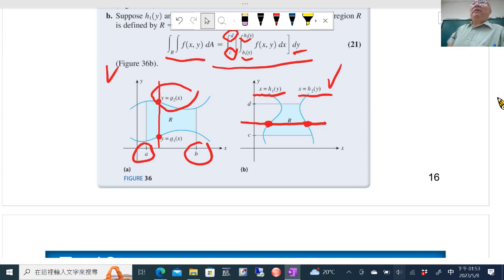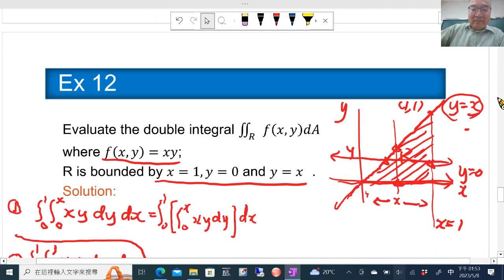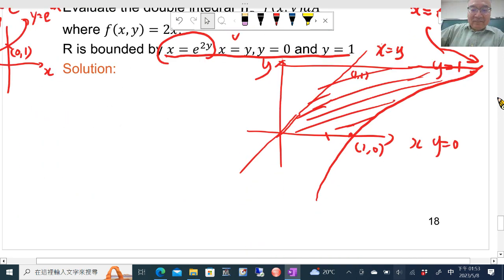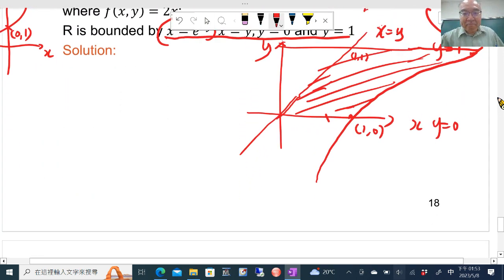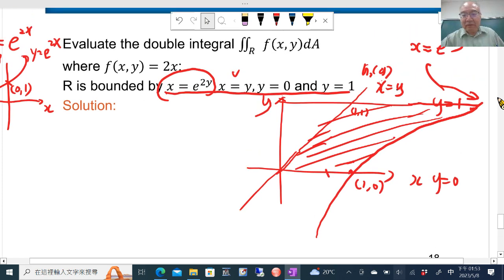So we should expect h1, h2 in terms of function of y. Okay. So this is h1. And this is certainly h2 of y.